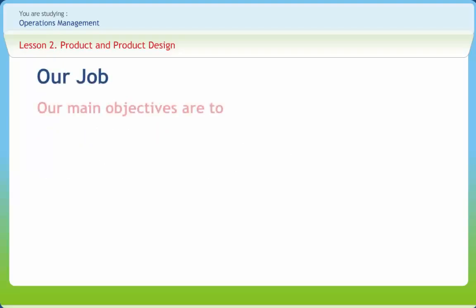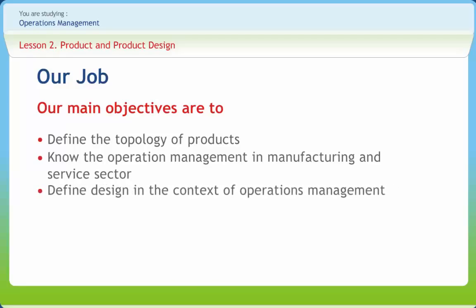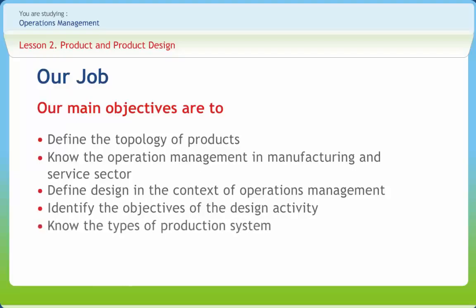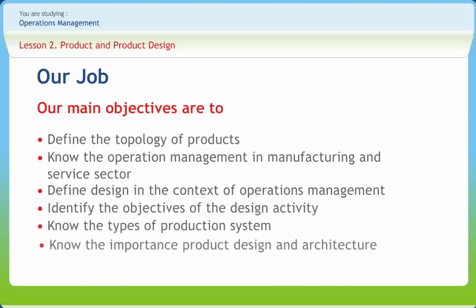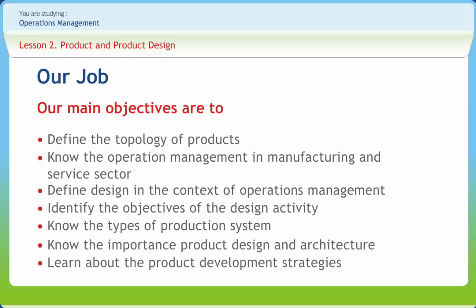It follows from the previous slide that after studying this lesson, you should be able to define the topology of products, know the operation management in manufacturing and service sector, define design in the context of operations management, identify the objectives of the design activity, know the types of production system, know the important product design and architecture, learn about the product development strategies.